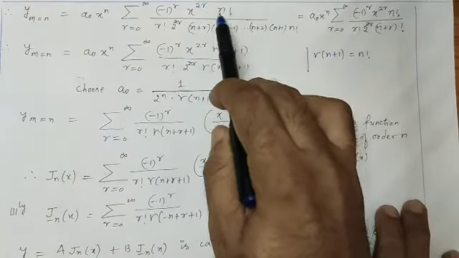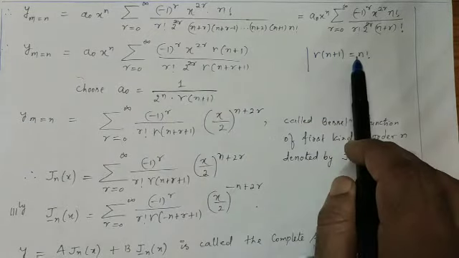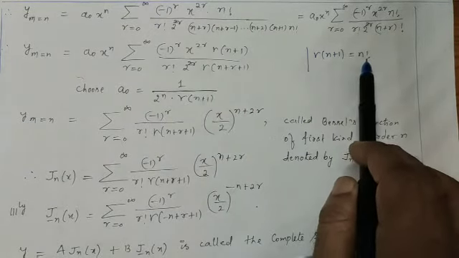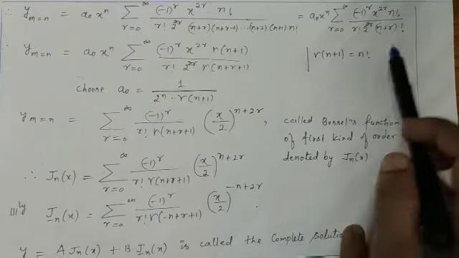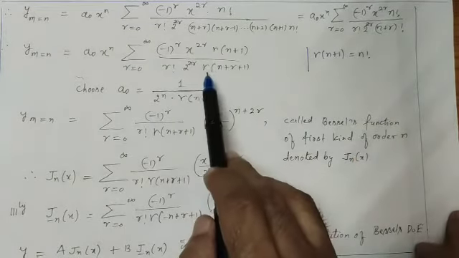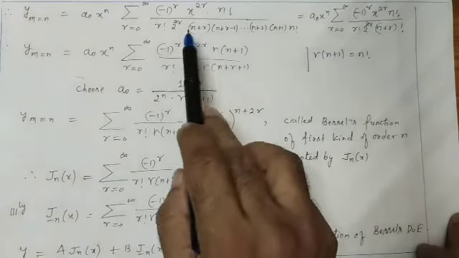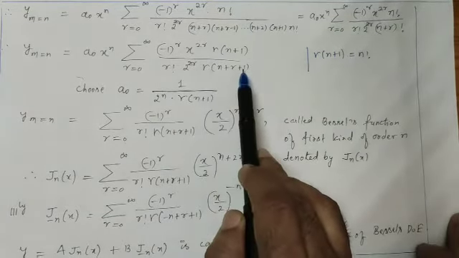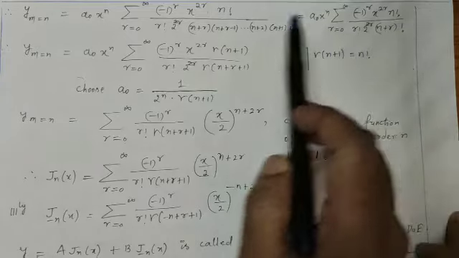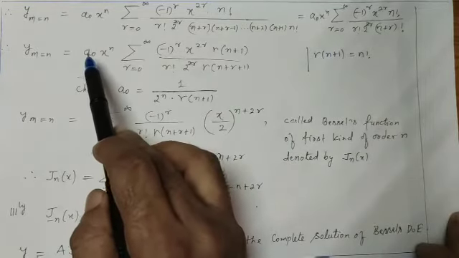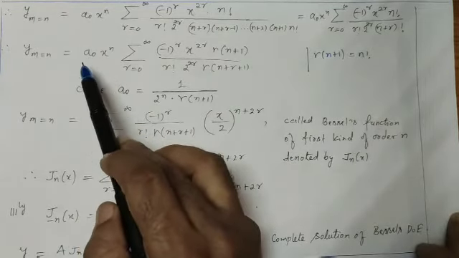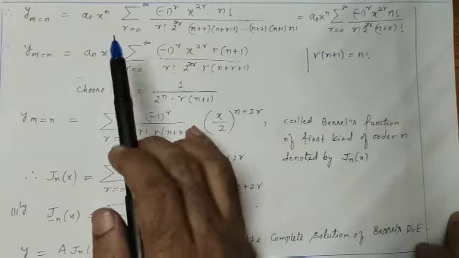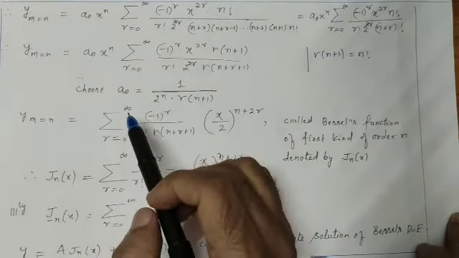What is n factorial? n factorial is gamma of n plus 1. Gamma of n plus 1 is n factorial if n is a positive integer. So similarly in the denominator, in place of n plus r factorial, you can write gamma of n plus r plus 1. Now we have to select a naught, because a naught is arbitrary. We can choose in place of a naught anything we require.